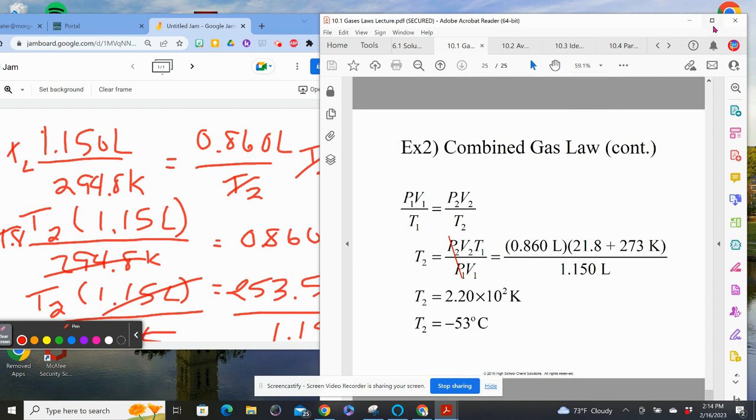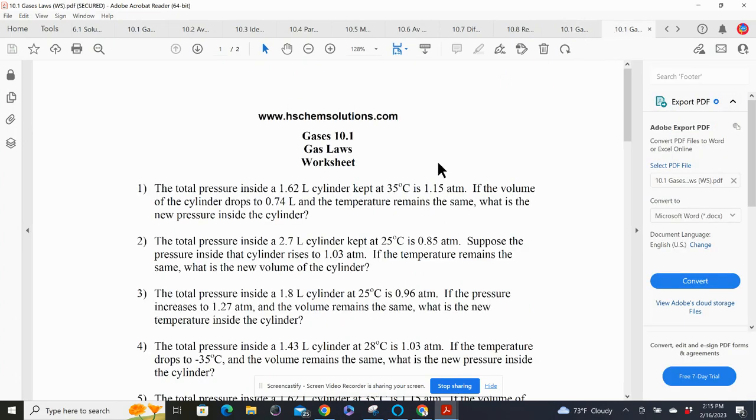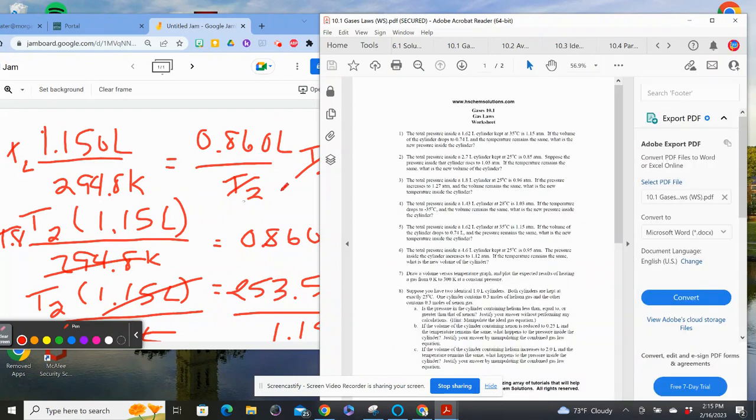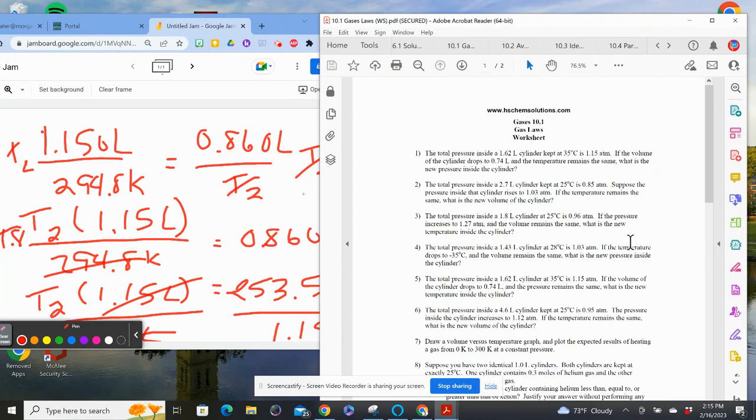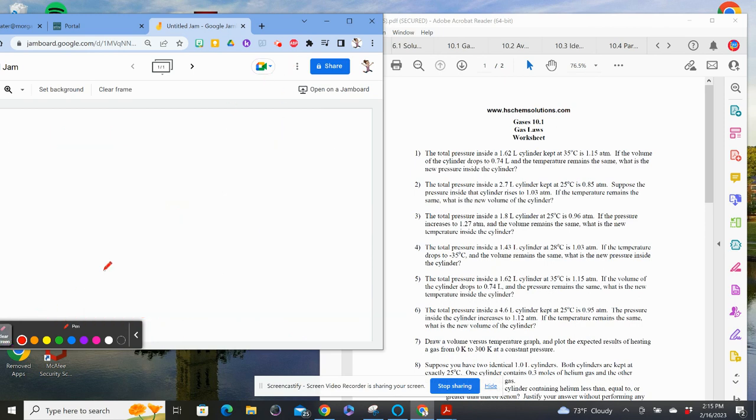That's all you have to do with all of these. So if you look at the worksheet, that's all you're going to do. In that first worksheet problem, you're going to identify what is what. That's the biggest thing. Volume is always liters. So our volume is going to be 1.62 liters. V1, it's the first one listed.